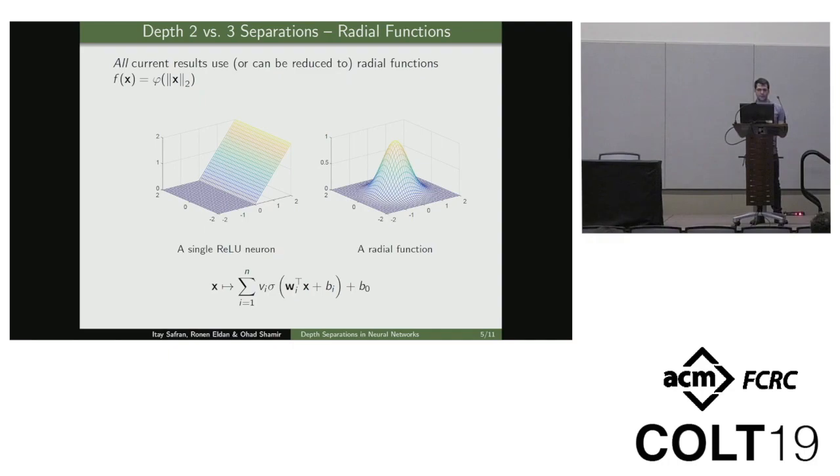This is, in fact, a function that differs only in a single direction. On the right, we see a radial function. This is quite the opposite. This is a function that differs in all directions. So the underlying intuition is that if we want to approximate a function that differs in all directions using linear combinations of functions that differ only in a single direction, then we will need to use many such functions.